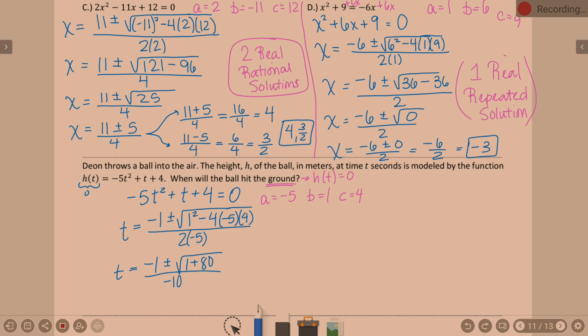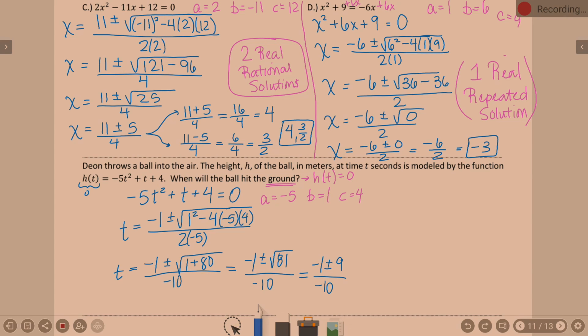So negative 1 plus or minus the square root of 81 all over negative 10. What do we know about the square root of 81? It's 9. Negative 1 plus or minus 9 all over negative 10.